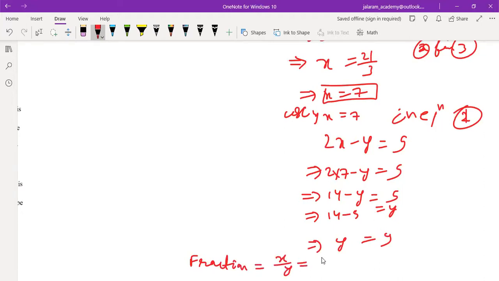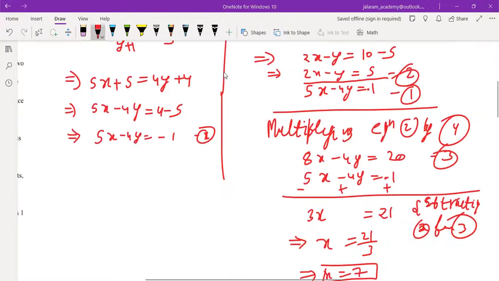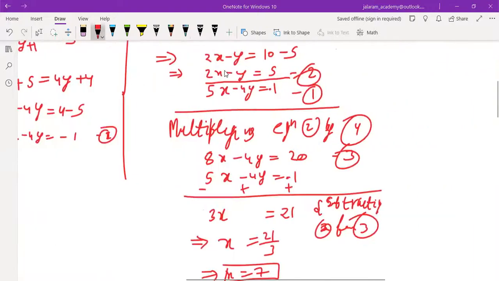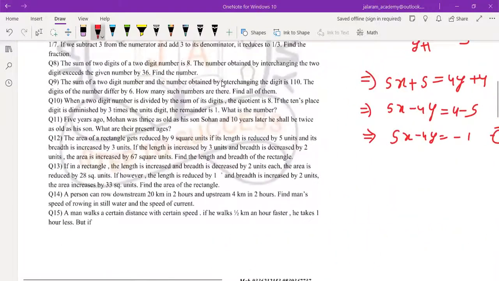So the fraction will be x by y. And then we will check the solution also. Remember, don't be overconfident that you cannot do wrong. Even I can also do wrong. You have seen it many times. So use the first condition.